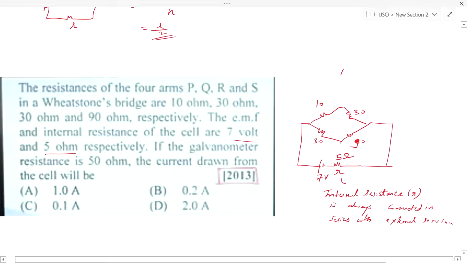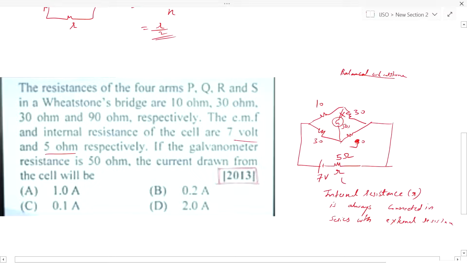This is the case of a balanced Wheatstone bridge. So the galvanometer will be connected in between the four arms. Okay, I did the placement of the galvanometer wrong. So no current will flow through the galvanometer, current will flow over here.